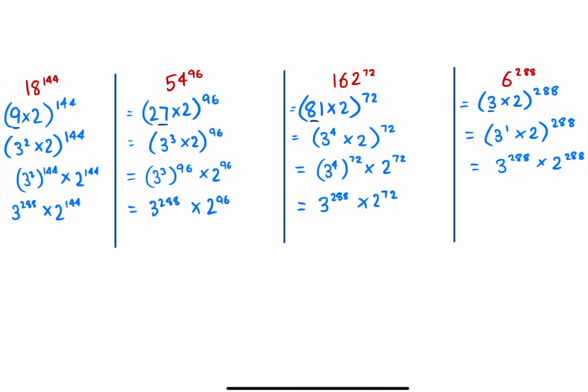So now we're going to look closely at these. If you notice, the first term of all of these is the same. 3 raised to the power 288 is in all of these. So I'm just going to quickly write down what each of these equals.